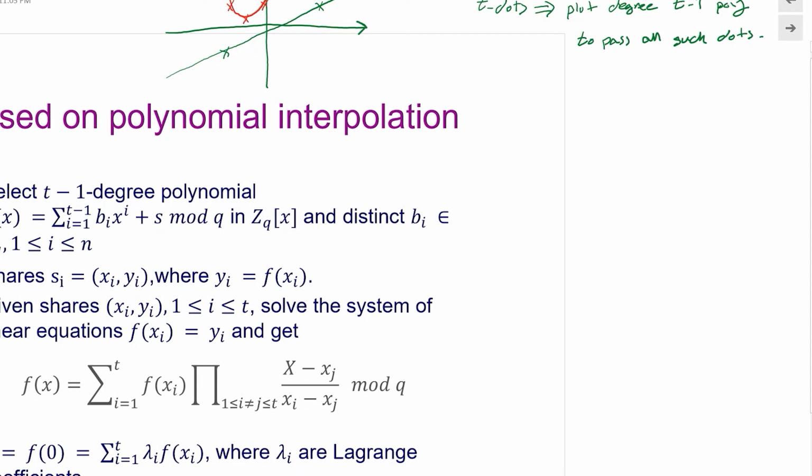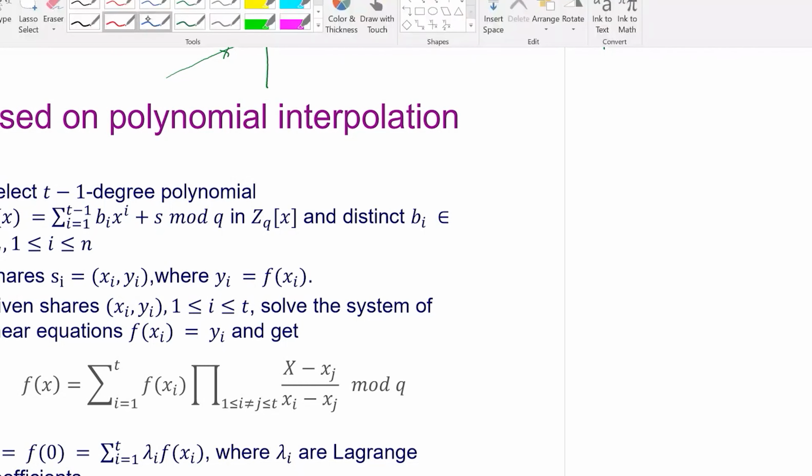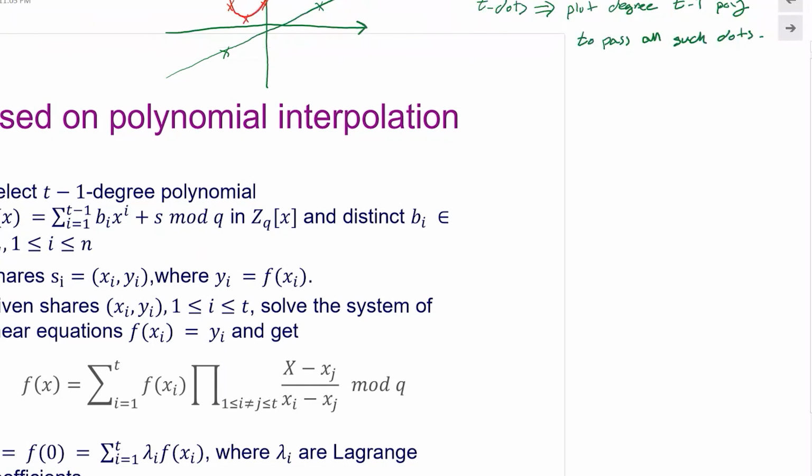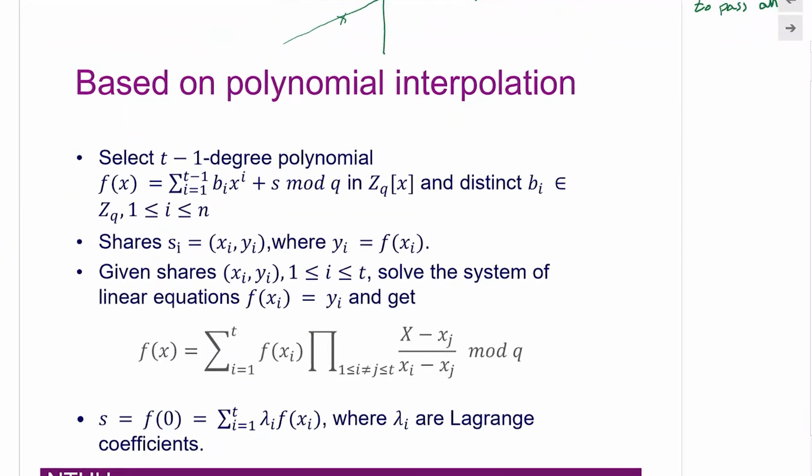If I let you use degree 3 and 4, of course, then there will be multiple, but we set it to be just degree t minus 1. Then there is only one polynomial that you can uniquely find that can pass through these points. So this is the idea. Just keep this in mind, and let's see how we can design this scheme out of this observation that we've just discussed together.